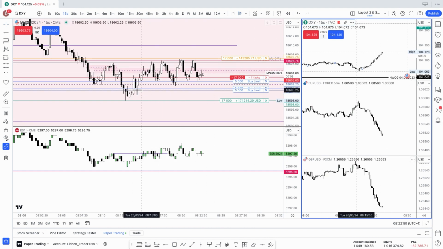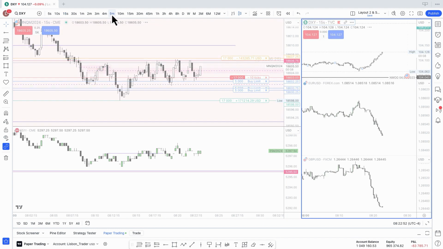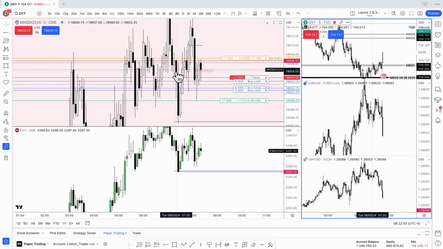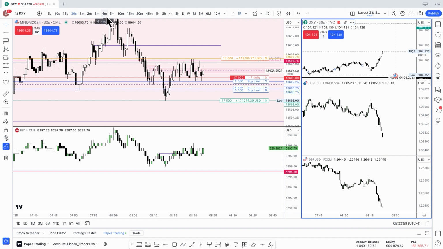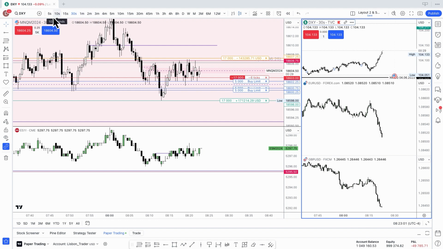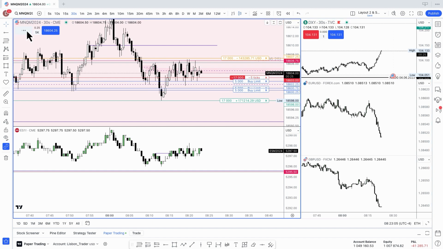Euro is dropping, GBP is dropping, but indexes have their own anomaly. So let's sell this.